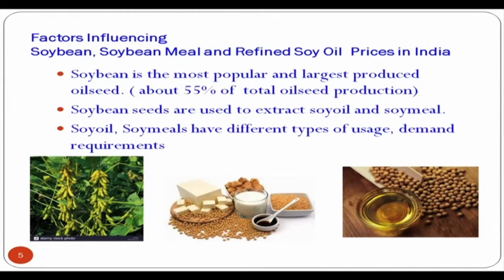Why have I chosen soya oil as one of the representative commodities to discuss, considering that around 40-45 agri-commodities are traded at NCDEX and MCX? The reason for my choice of soybean is that soybean is the most popular and largest produced oilseed.